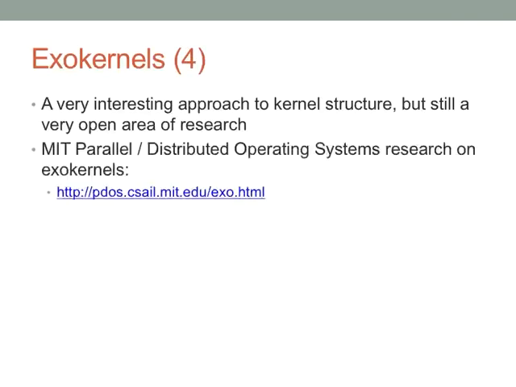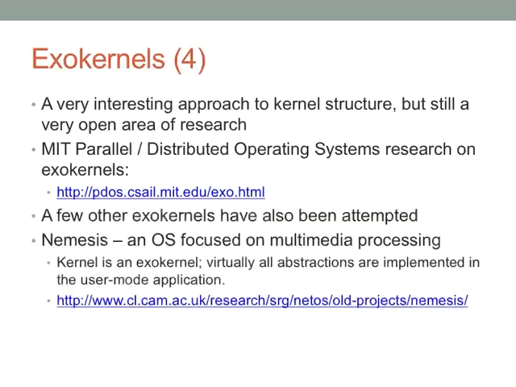I have lots of links in this lecture so that you can go look at stuff. The Parallel and Distributed Operating Systems Research Lab, you can still look at that. A few other exokernels you might want to be aware of. Nemesis is a now defunct operating system. Basically, it was an effort to migrate as much work as possible out of the kernel for multimedia processing and multimedia management.